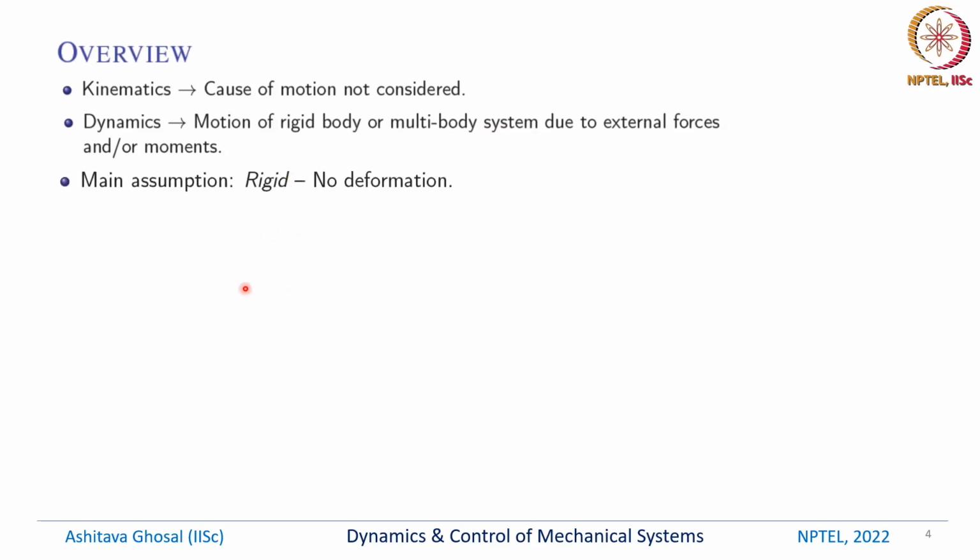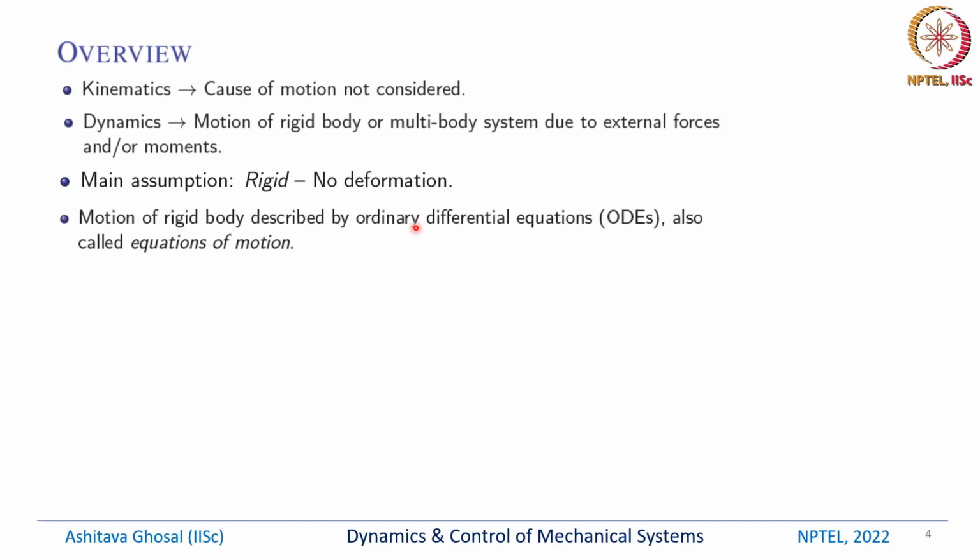The main assumption in this whole set of lectures and in this course, in fact, is that rigid bodies are used. There is no deformation in the body or in the link or whatever is making up the mechanical system. The motion of the rigid body is described by ordinary differential equations, also called equations of motion.